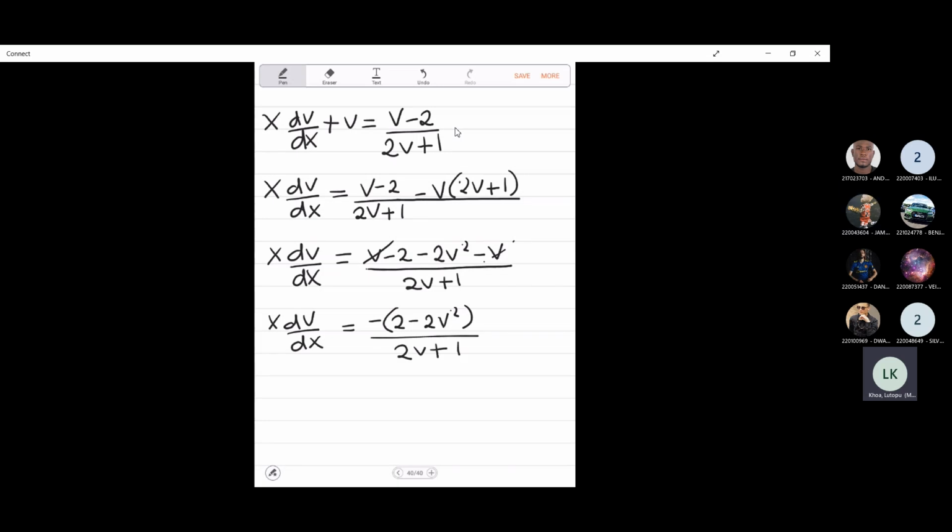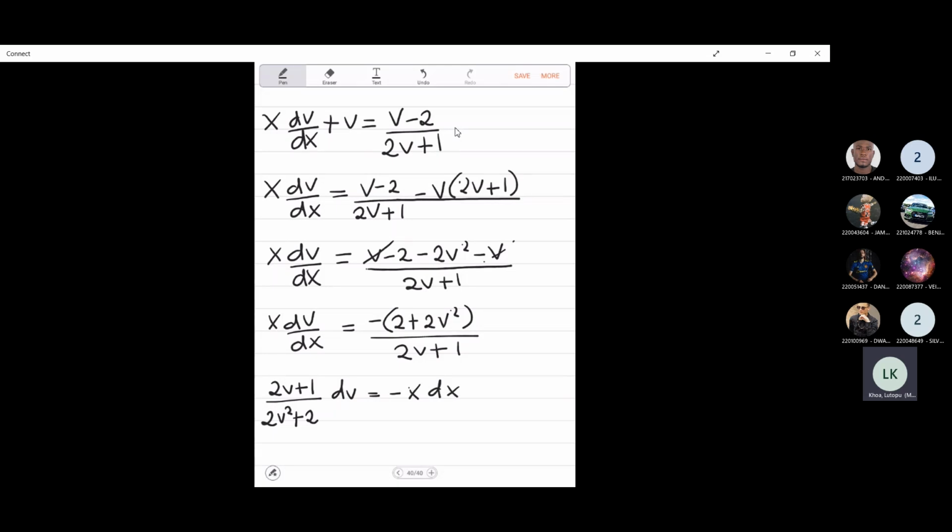So we can see that this is separable because I have the x terms on one side, v terms on the other. I just need the dv with the v's and dx with the x terms. So this will be 2v plus 1 over 2v squared plus 2 dv, equals minus dx over x.